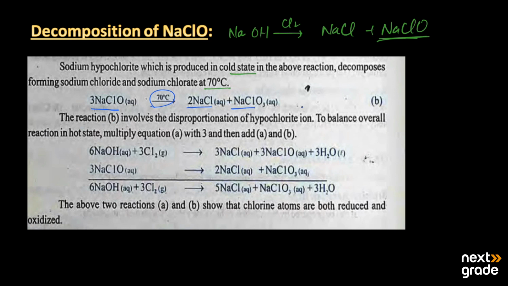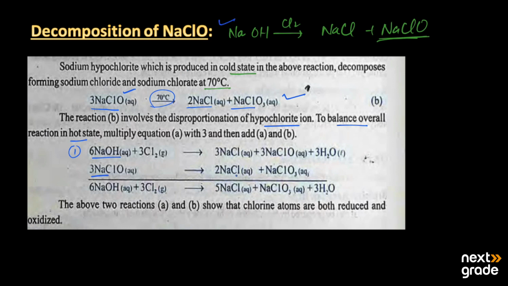Now reaction B involves the disproportionation of the hypochlorite ion. This is the hypochlorite ion, and for the overall balanced reaction in the hot state, we have to combine these equations, the first one with sodium hydroxide and the second.